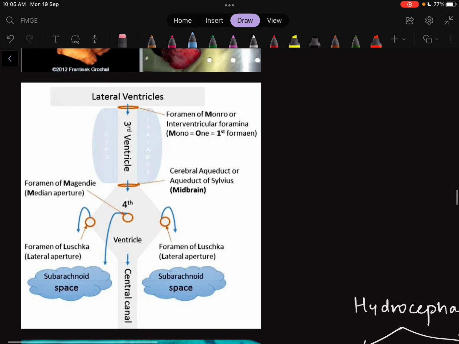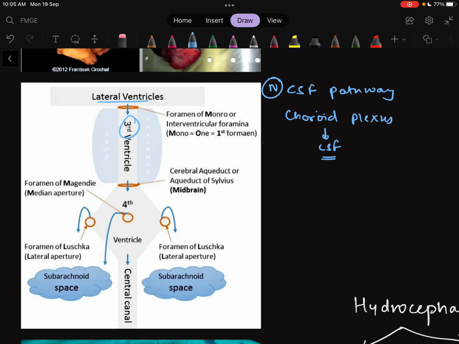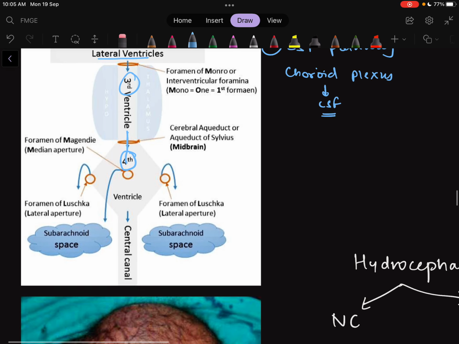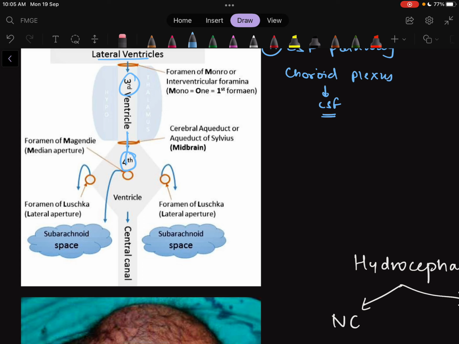In hydrocephalus, normal CSF pathway. We'll see normal CSF pathway. CSF is produced from choroid plexus of ventricles. From the choroid plexus, CSF will form, and CSF flows from this lateral ventricle to the third ventricle, then towards fourth ventricle in the pons, and from this fourth ventricle there are foramens, that is foramen of Luschka on the lateral side and foramen of Magendie on the medial side.